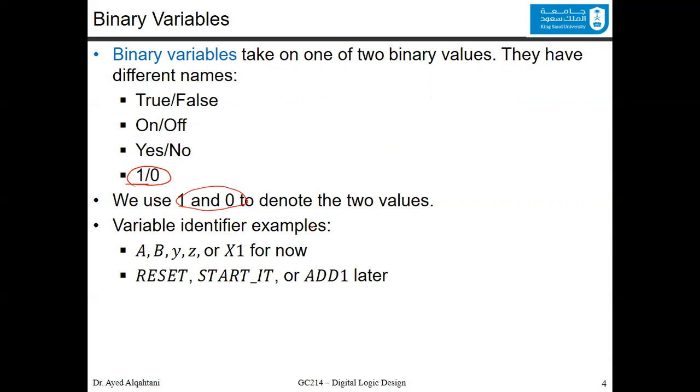Variable identifier example: a good variable name could be A, B, or X, Y, Z, or X1, and they could be capital or small. We will start doing this in this class. Later, when you become good in design, you can name them an easy to understand name like reset, start, add one, and things like this.